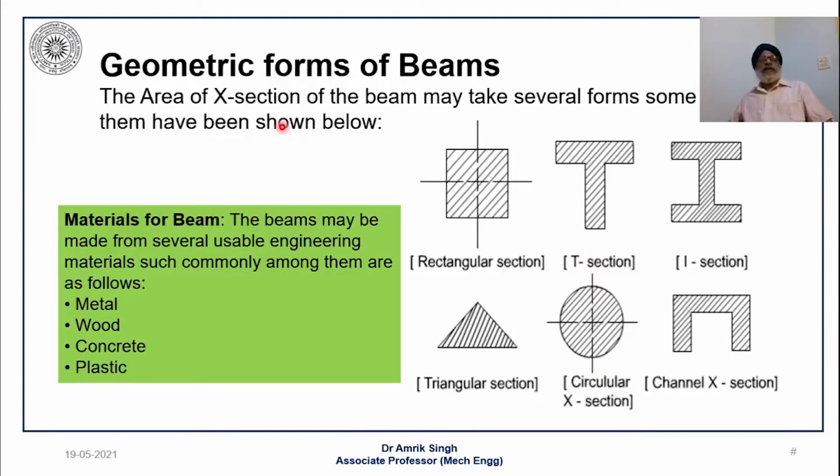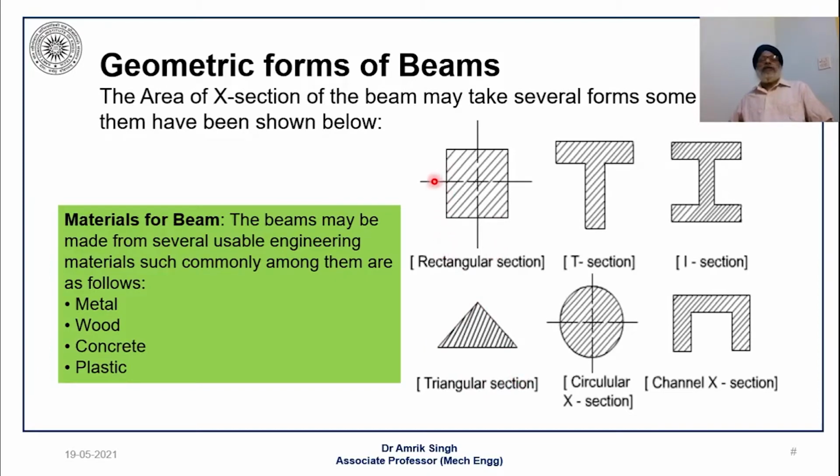So these are some of the geometric sections which are used. This is a rectangular section, this is a T section which is normally used, the I section, channel section, circular section and the triangular section. There can be hexagonal section also, there can be square section also.